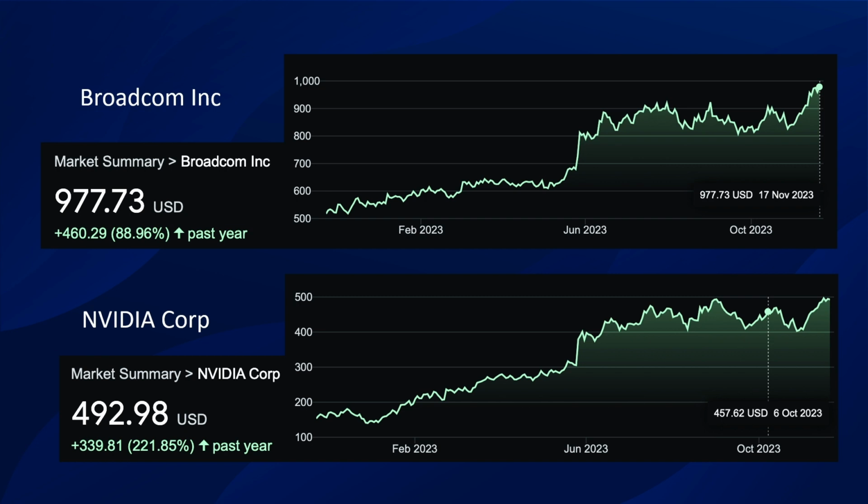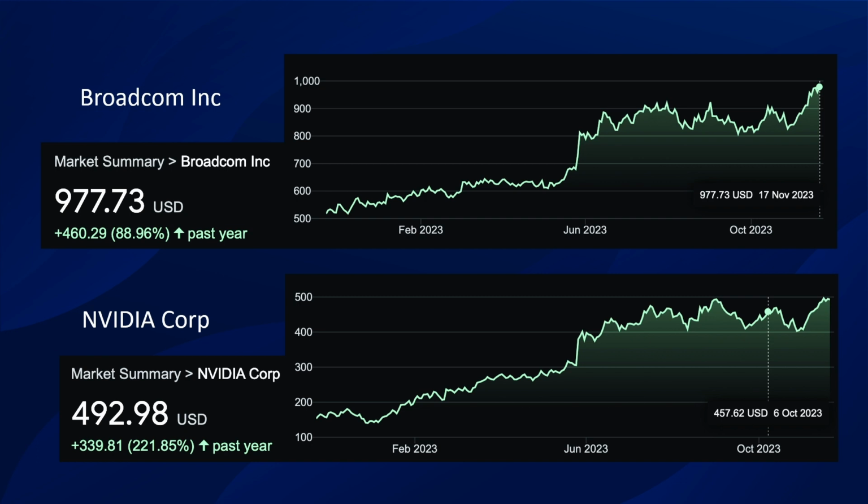NVIDIA develops GPUs primarily, but it does a lot more things as well. And over the last 1 year, you look at their stock price, right? The markets don't lie, right? Why has their stock price increased so significantly over the last 1 year? Broadcom has increased nearly 100%, NVIDIA by 221%.